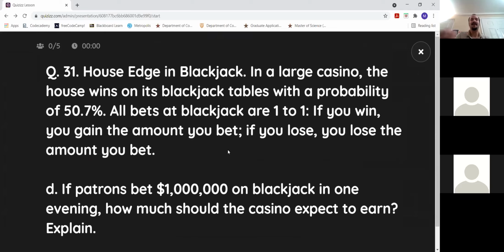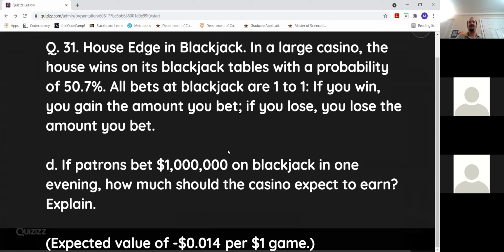House Edge and Blackjack. If you're gonna bet $1 million on one hand, or in one evening, how much should the casino expect to earn off of your stupidity? So this, I think, should be positive, right? Because it's from the casino's perspective. So they swapped it around on this problem, so that might be something to note. Now instead of doing the players, we should do the casino.